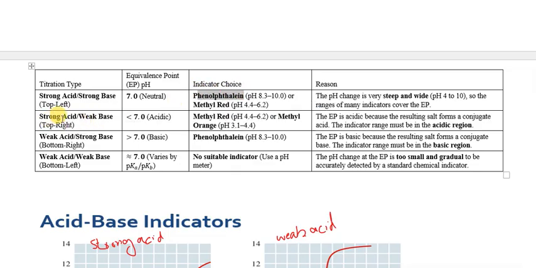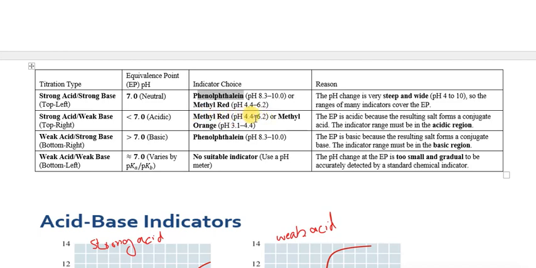For the strong acid and weak base, where the equivalence point is less than 7, or acidic, we select those indicators which show the color change in acidic media. The most suitable are methyl red or methyl orange.